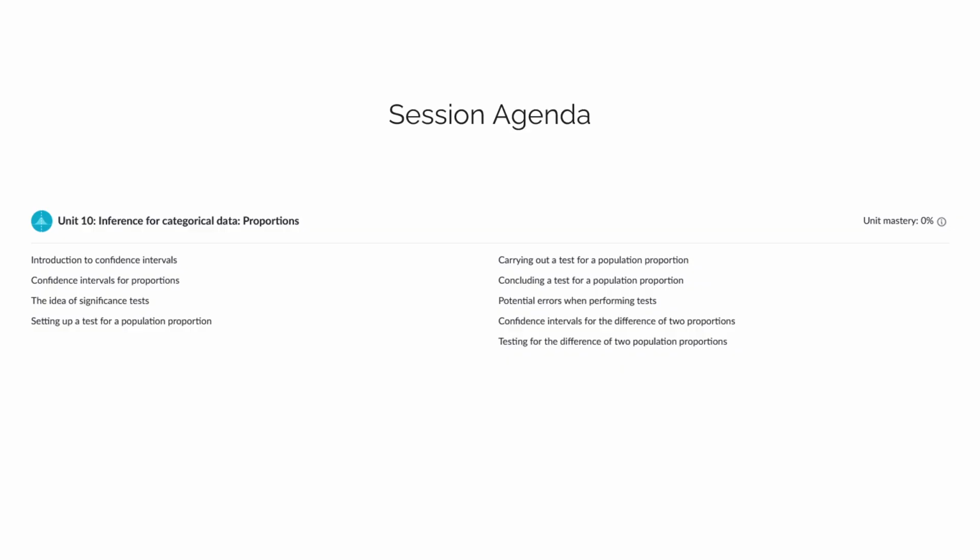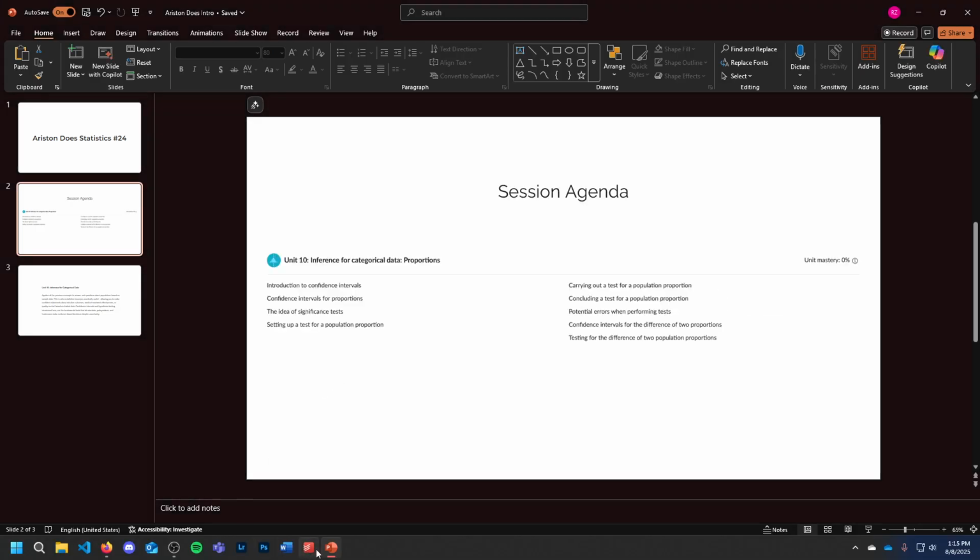Independence, the random assumption, and normality. That's the one. I was forgetting that. Okay, now we'll be moving on to Unit 11.